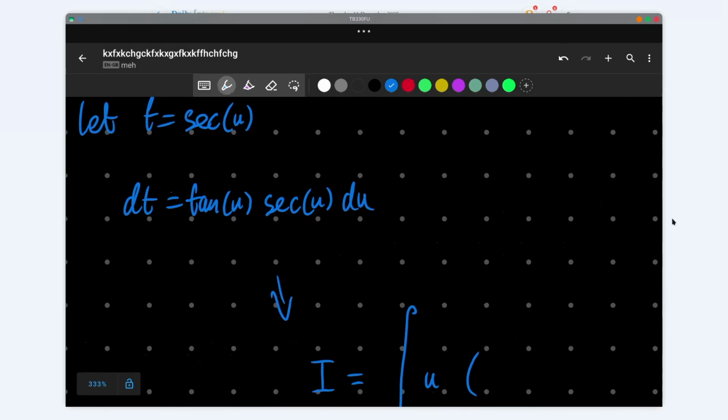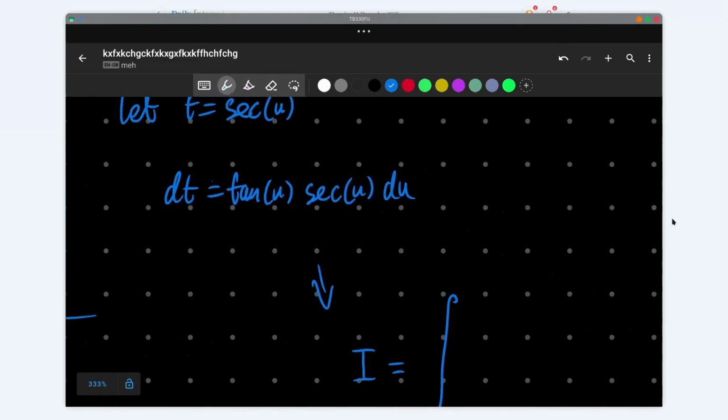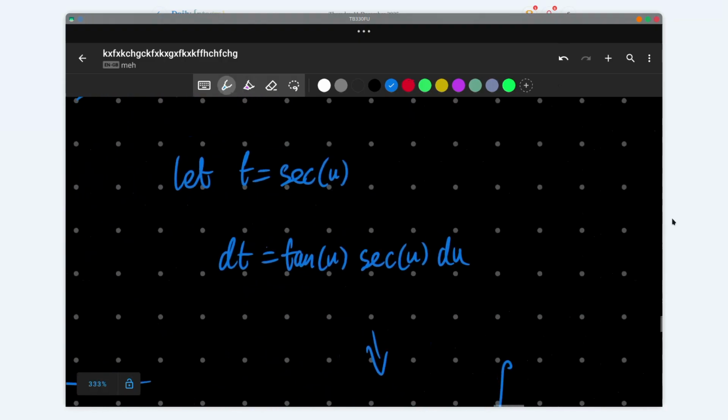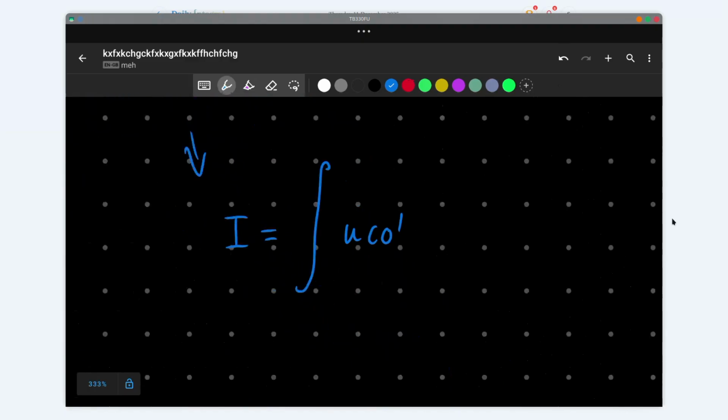What am I missing? We already have this, which is just t, which we don't need to consider. This is t, 1 over t. The t's will cancel, so you're left with u, which we haven't subbed in for, tan u. U over tan u, so you'll be left with u cot u.